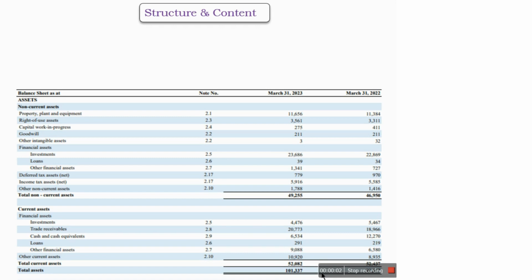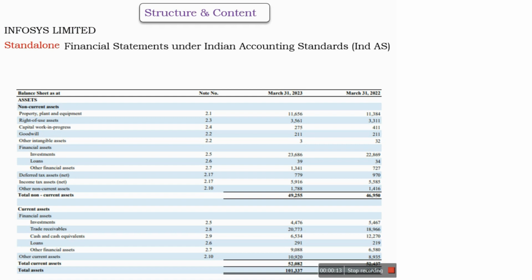Structure and content of financial statements. In the structure, the entity will present the name of the reporting entity, whether the financial statements are for the standalone entity or for the group, and the date of the end of the reporting period or the period covered by the set of financial statements.